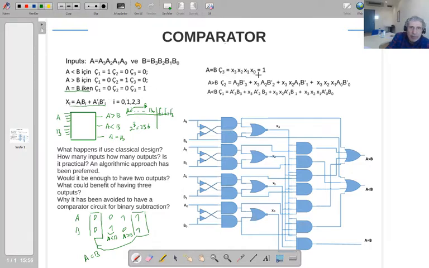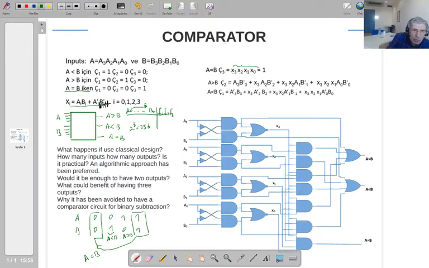Here you are. x0 equal to 1 means a0 is equal to b0. x1 equal to 1 means a1 equal to b1. x2 equal to 1 means a2 is equal to b2. x3 equal to 1 means a3 is equal to b3. So if they are all ones, that means A equals B.